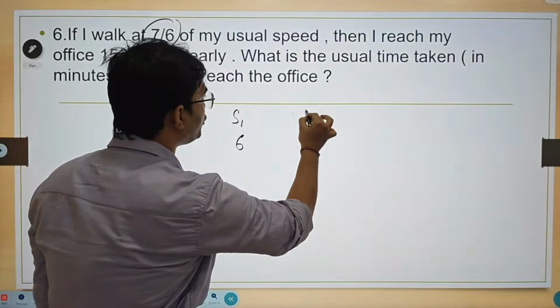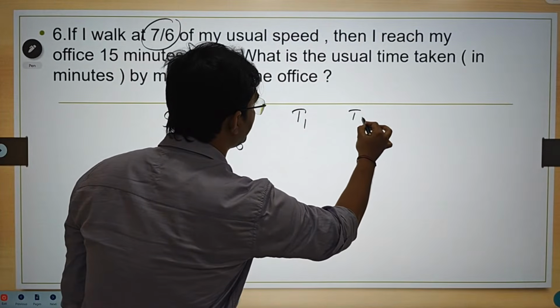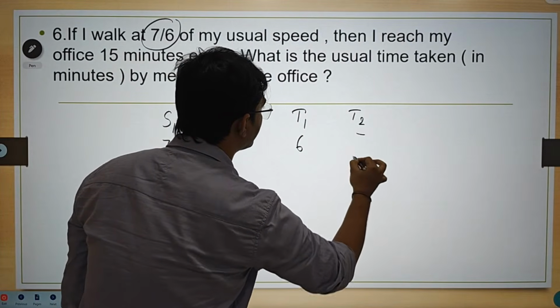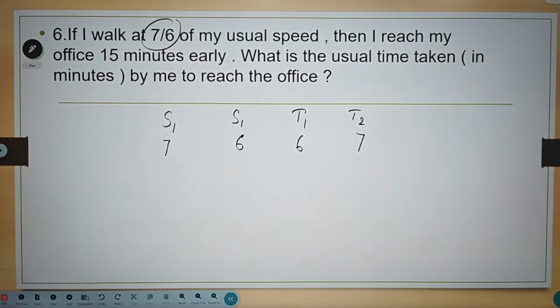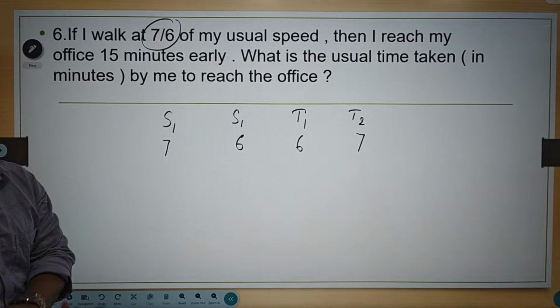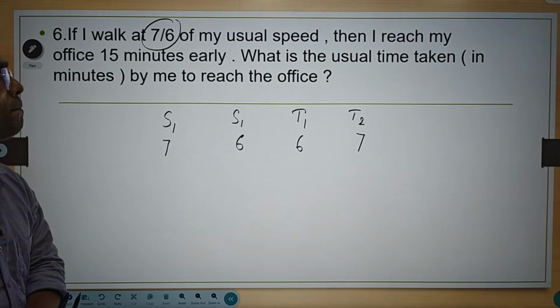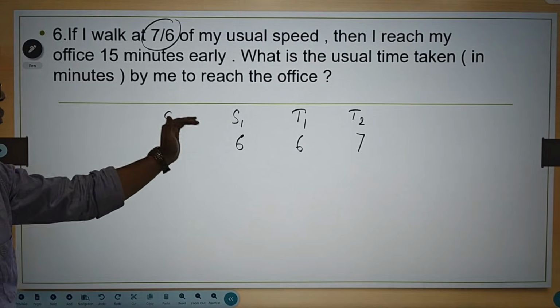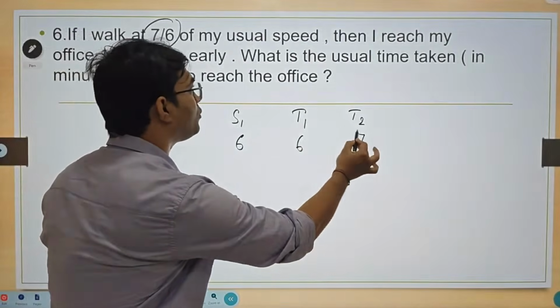Then what is the ratio of time? T1 is to T2 will be 6 is to 7. 7 by 6 of the speed means if the initial speed is 7, now the speed becomes 6. Clear? Then if the speed is 7 is to 6, now the time will be equal to 6 is to 7.